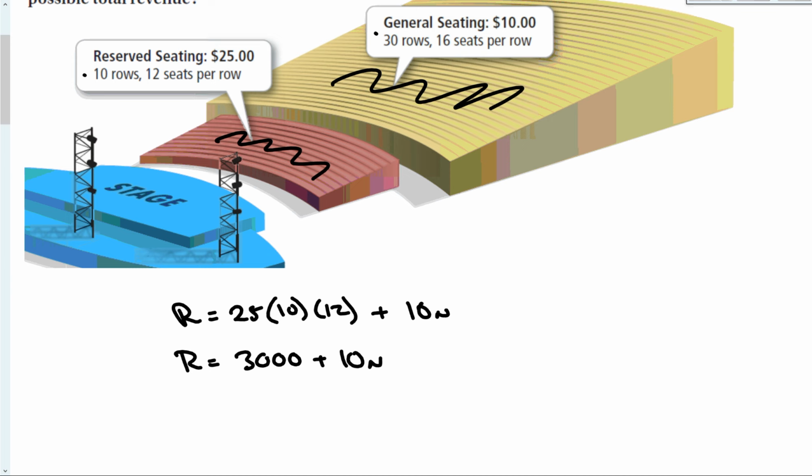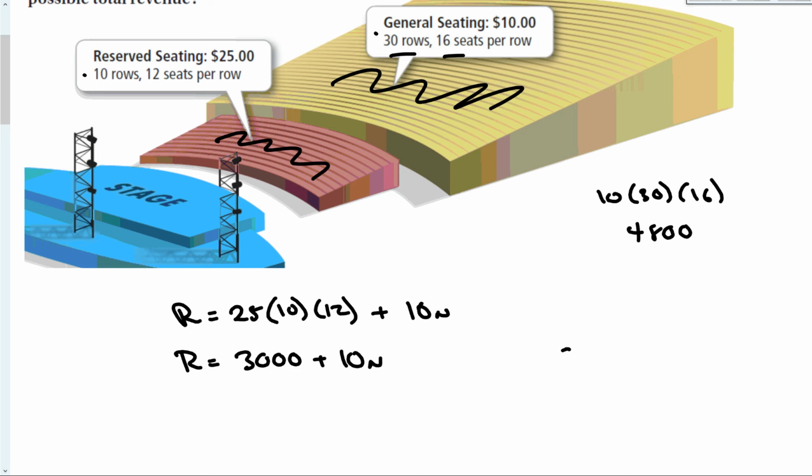But if I want to sell out, I would have 30 times 16. So 10 times 30 times 16. So if I sold that out, I would get $4,800. Okay?